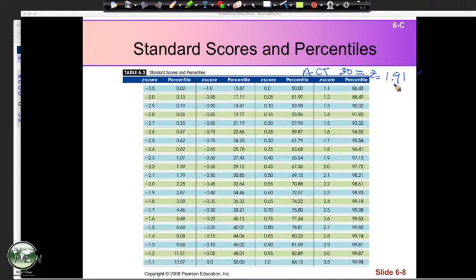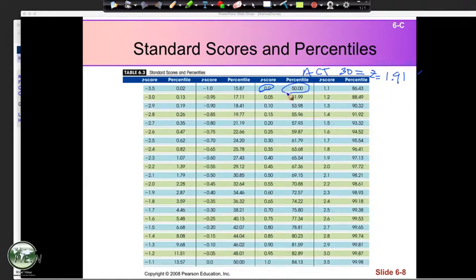What we do is we use that to look at the z-score. Notice these are negatives, and I'll show you one thing that should make sense. If we had a z-score of 0, we're at the mean, right? A z-score of 0 is the mean. We have exactly the mean score of, I think it was 21. Notice our percentile is 50%.